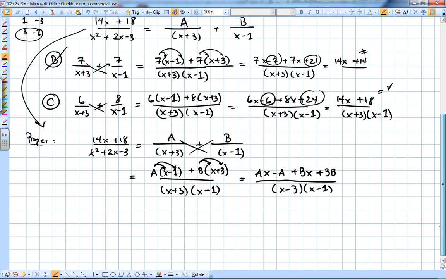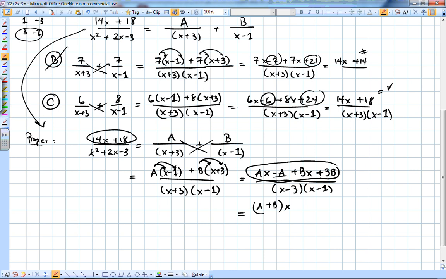Okay, at this point I need these two numerators to be equivalent. I'm going to combine the x's again. I'm working with variables, so I know that a and positive b are all in front of the x. So I'm going to group that together, the a and the b, and put that in front of the x.